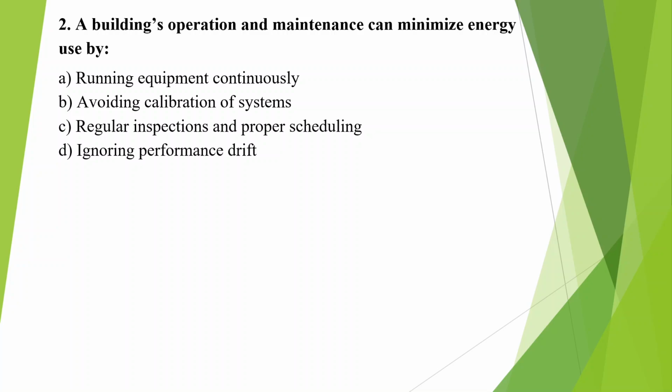Regular inspection and scheduling of operation and management can involve periodic inspection, calibration, and running equipment wherever necessary, and this will help us reduce the operational energy. The other options, like running equipment continuously or avoiding calibration of the systems, are not helpful for minimizing the energy used. So whoever marked option C is going in the right direction.